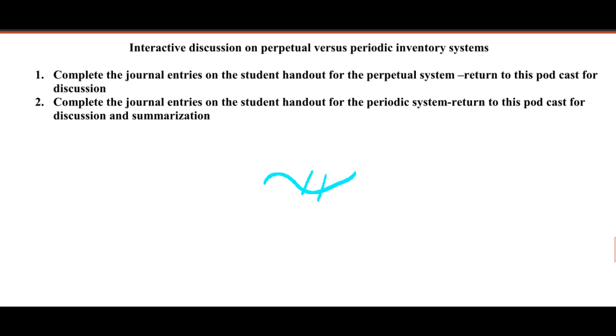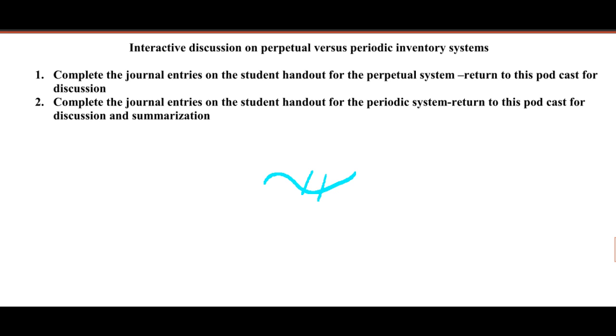I would like you to complete all journal entries working down that column on the left-hand side for the perpetual inventory system, and then to return to this podcast for a discussion on that. Then you'll go back to your handout and complete the journal entries on the right-hand column for a periodic system, and then return to this podcast for a discussion and a summarization and comparison of the two methods.